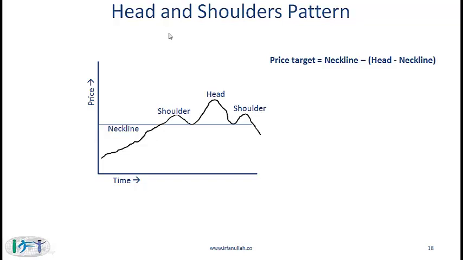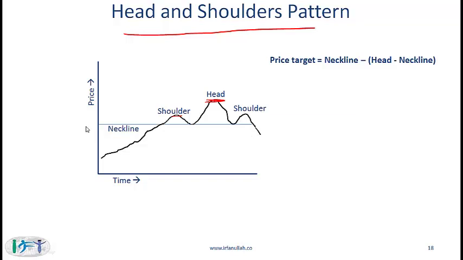The most important reversal pattern is the head and shoulders pattern, which looks like this. We have an uptrend. There is this concept of a neckline where after the neckline the stock goes up a little and down. So this is the shoulder. Then it goes up a little more to a level called the head, and then down again to the neck, up to the shoulder and back down.